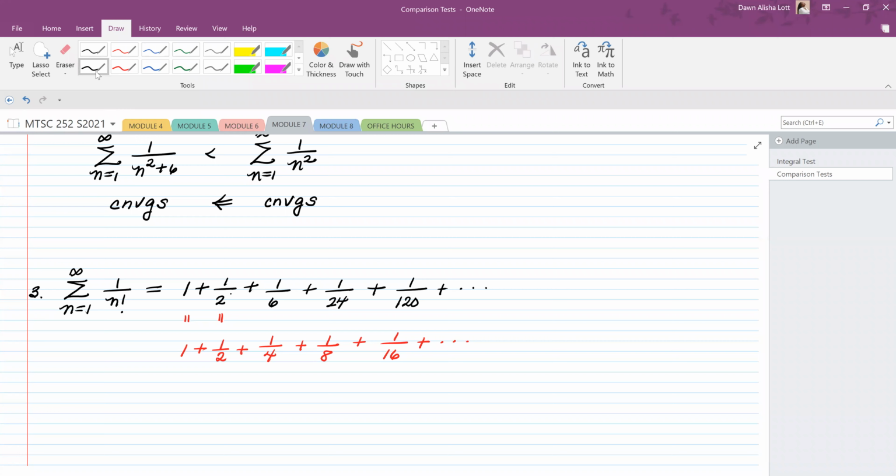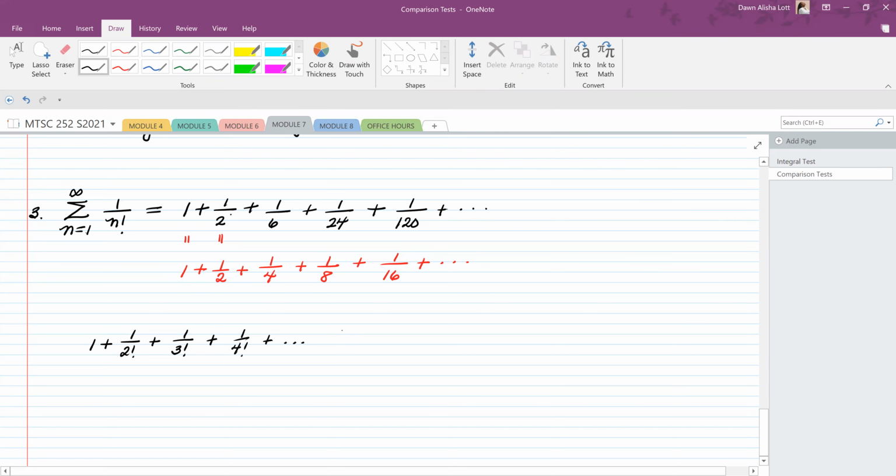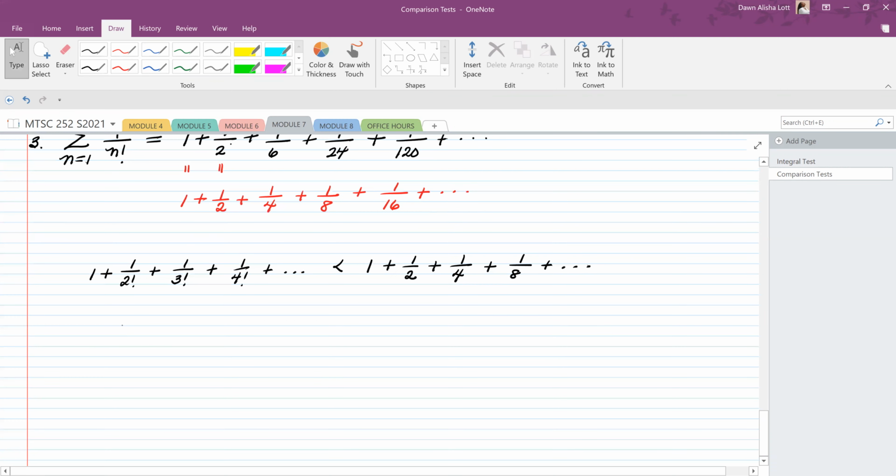So I can now say that as I write this out, 1 plus 1 over 2 factorial plus 1 over 3 factorial plus 1 over 4 factorial plus... is going to be less than, well, the 1 and the 1/2 were equal, but the 1 over 3 factorial is less than 1/4, and the 1 over 4 factorial is less than 1/8, plus... Okay, so now this is the sum n equals 1 to infinity of 1 over n factorial.